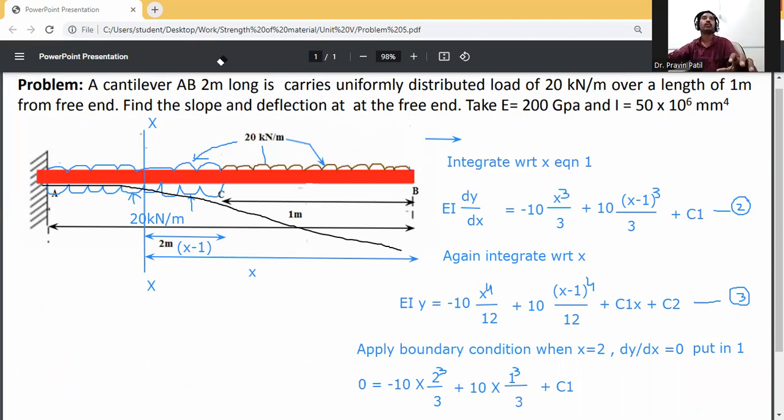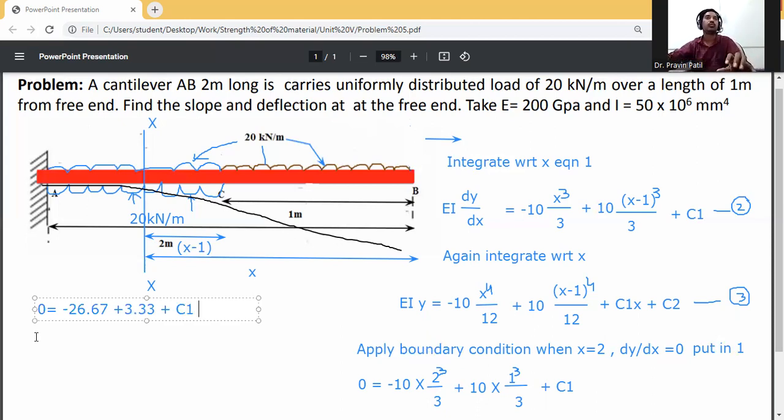First of all, simplify this: 0 is equal to minus 26.67 plus 3.33 plus C1.